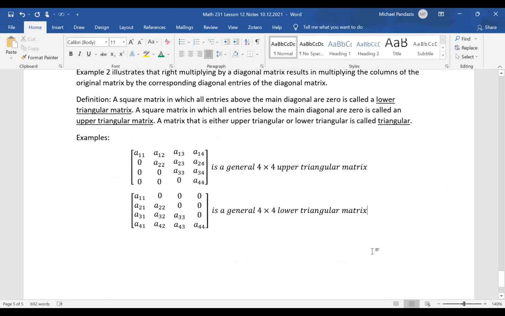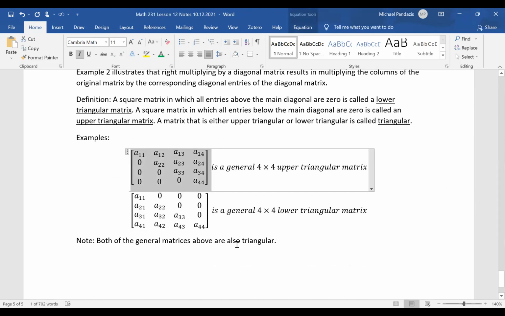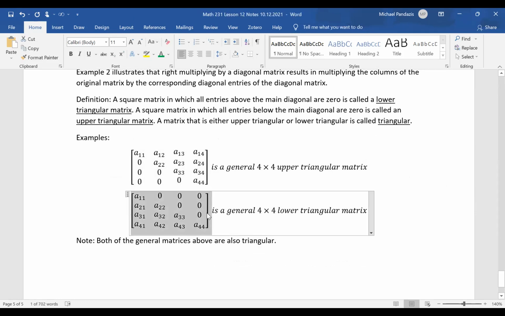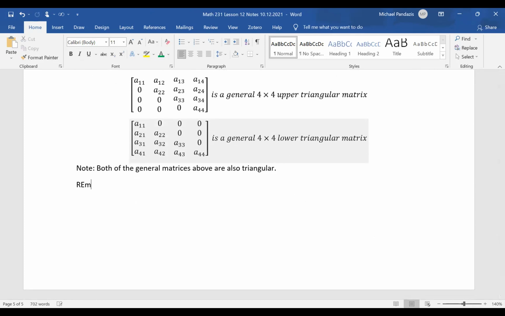Okay, so note both of the general matrices above are also triangular, right? Because a triangular matrix is one that is upper triangular or lower. So all of these matrices are upper triangular, so they're triangular. And all of these matrices are lower triangular, and so they're also triangular.